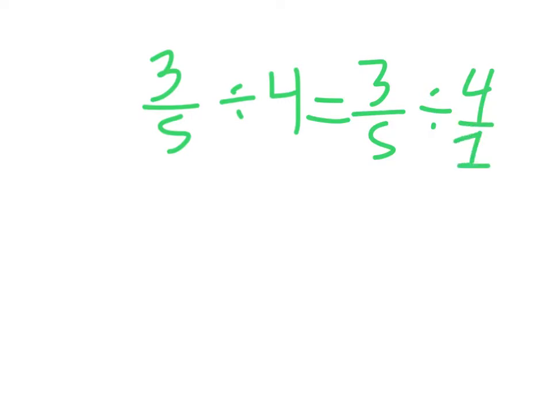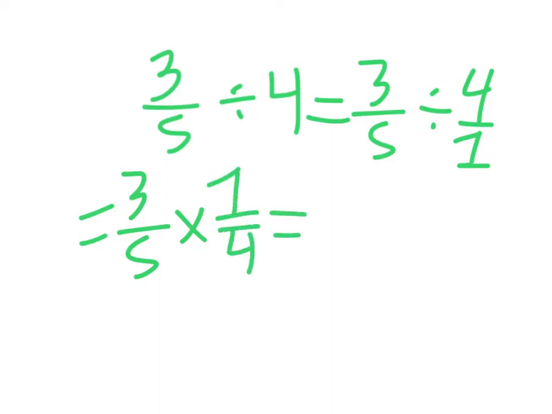And then, just like we've been doing, we're going to take 3/5 and multiply it by the reciprocal of 4/1, which is 1/4. 1 times 3 is 3. 5 times 4 is 20. This can't be simplified, so we get an answer of 3/20. So 3/5 divided by 4 is 3/20.